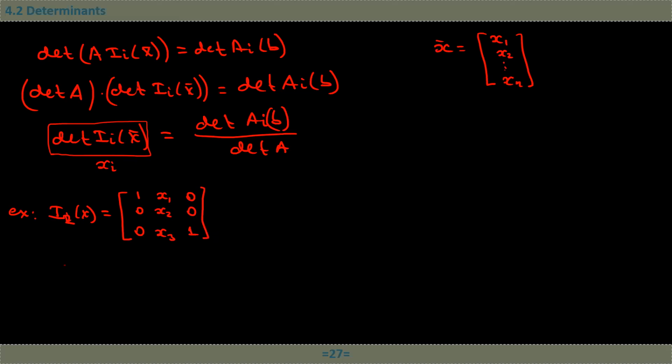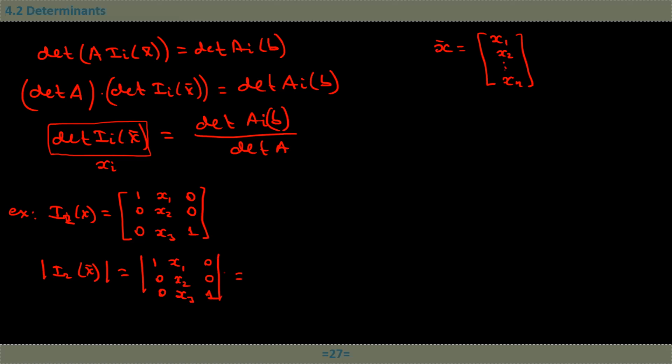So now if we calculate the determinant of this thing, I_X is equal to the determinant of 1, x1, 0, 0, x2, 0, 0, x3, 1.